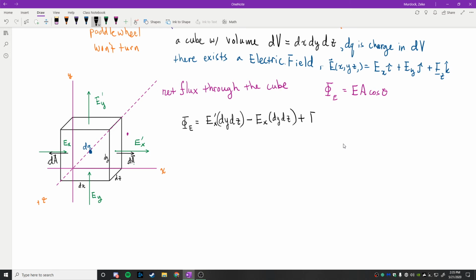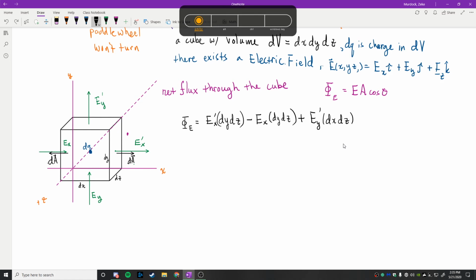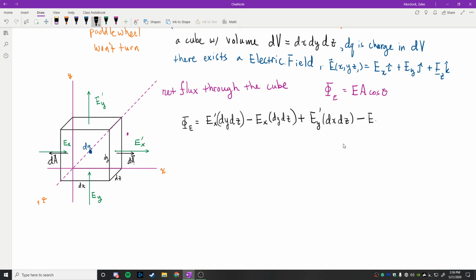Then we do the same thing for Ey, but it's going through a surface that's dx by dz, and then we subtract from this. Plus, same thing in the z direction, so Ez prime.